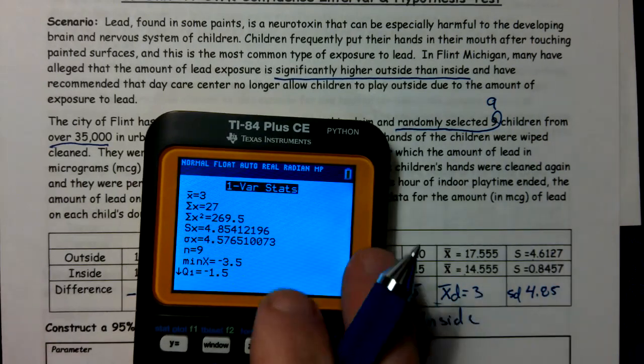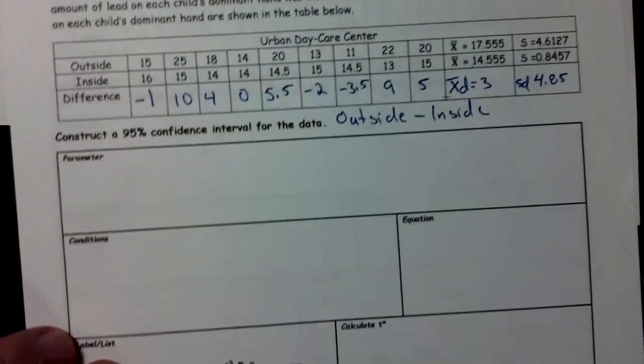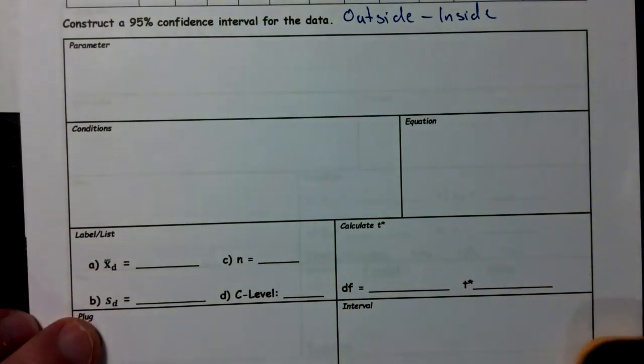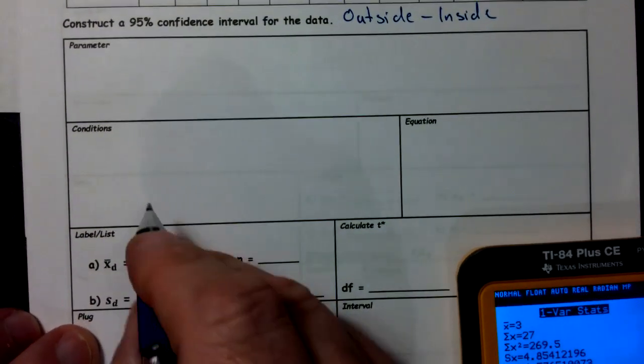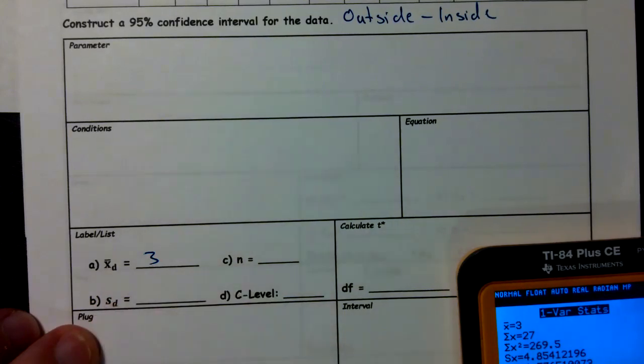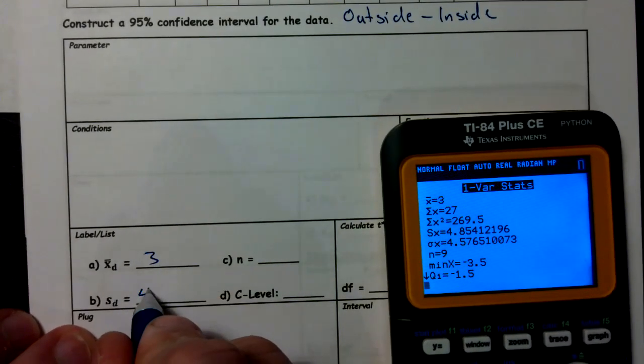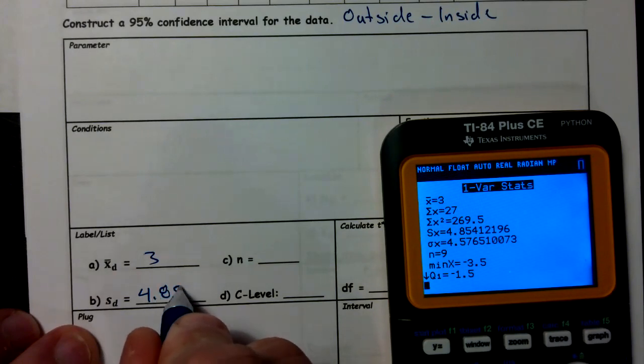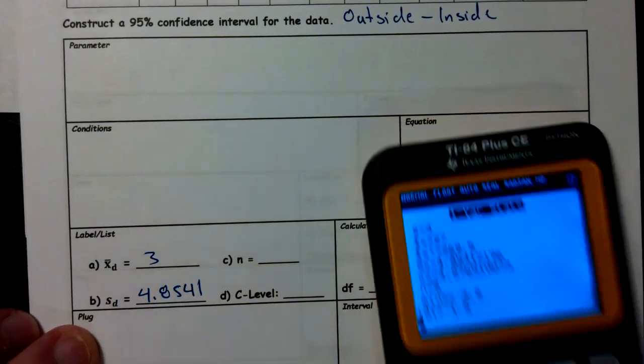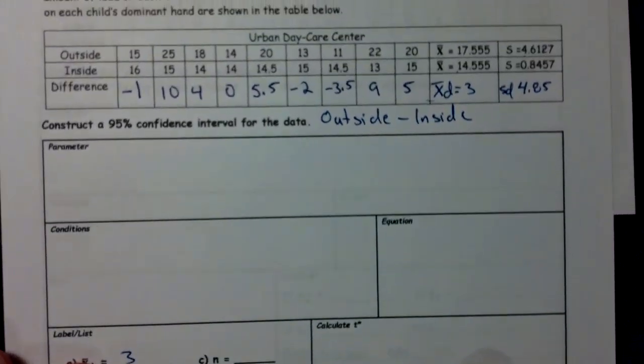So these are the values we're interested in. I'm going to get a little bit ahead of myself and record those. So x bar d is 3, sd is 4.8541. We'll come back to that in a bit.